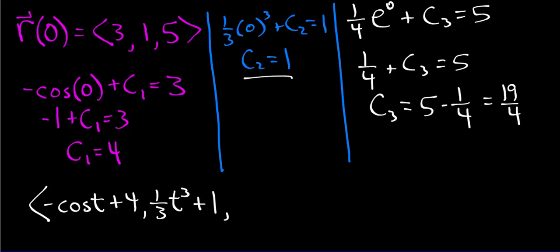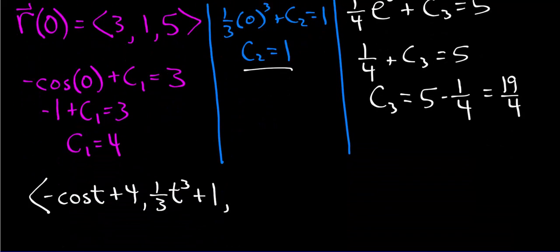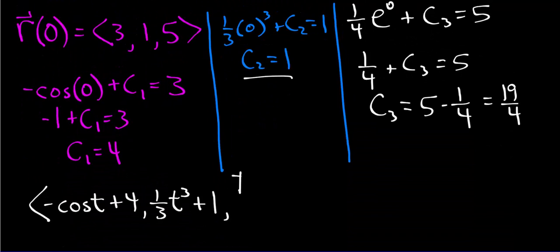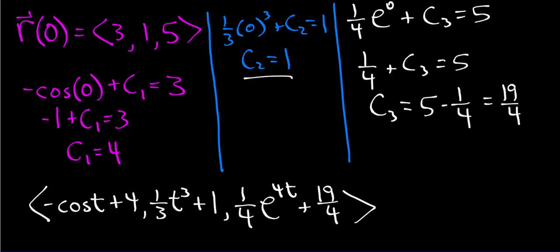And then finally, at the end here, we've got 1/4 e to the 4t plus 19/4. And there's our final result of our integration. Okay, so once again, you're just looking at these vector valued functions as this package of functions.